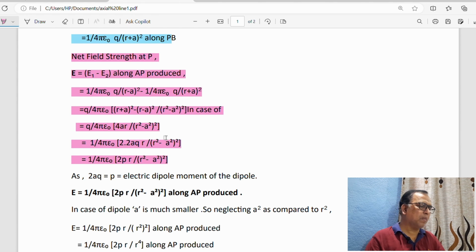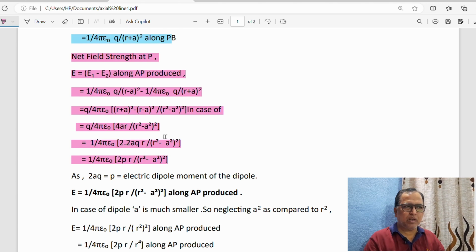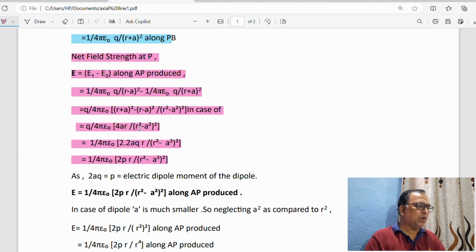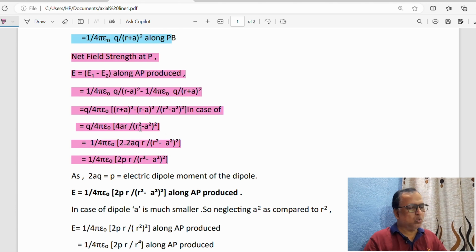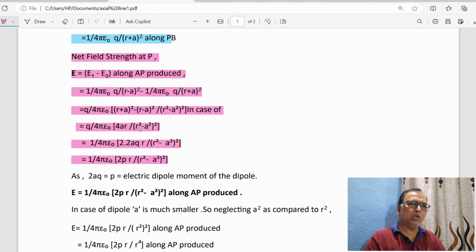Now r plus a whole square minus r minus a whole square is equal to 4ar. So this is 1 by 4 pi epsilon naught, 2 into 2aq into r by r square minus a square whole square. What is 2aq? 2aq is equal to p.